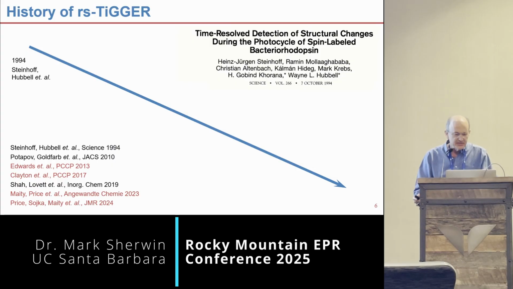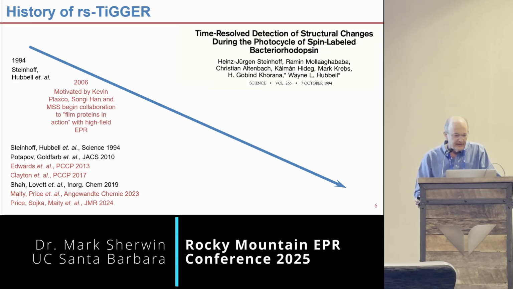So here's a brief history of this. I was inspired by this classic work from the Hubbell group, where they showed that EPR could be used to measure structural changes during the photocycle at room temperature. In 2006, motivated by a colleague in the chemistry department, Songi Han and I began a collaboration to film proteins in action with high field EPR.